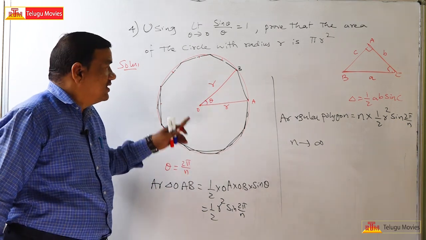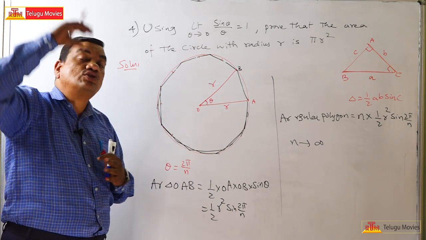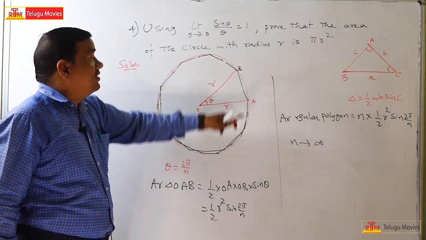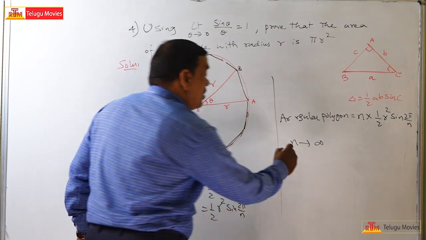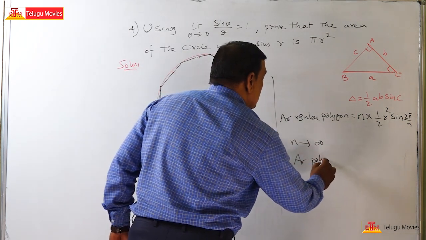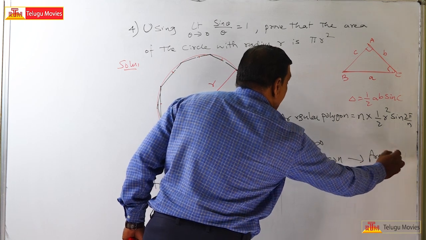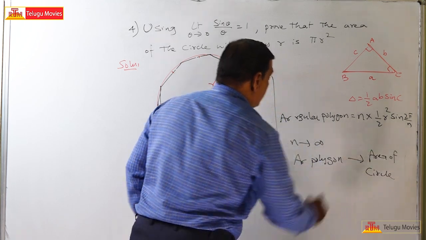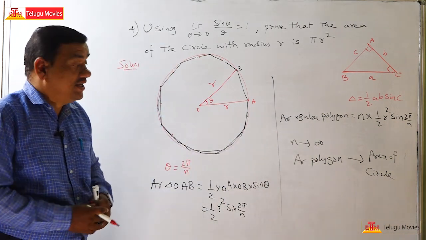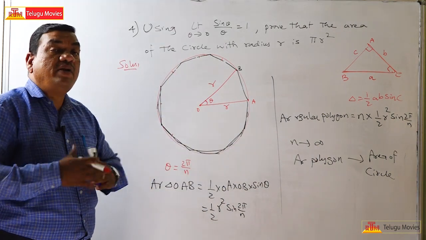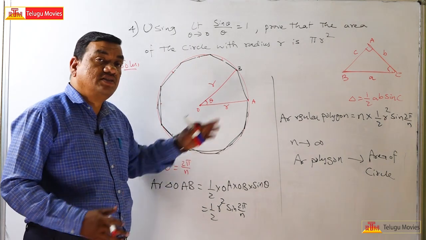Then what happens? As the number of sides goes on increasing, the area of the polygon approaches the area of the circle. As n tends to infinity, the area of the polygon will never be equal. Why? Because polygon means there should be a number of sides.